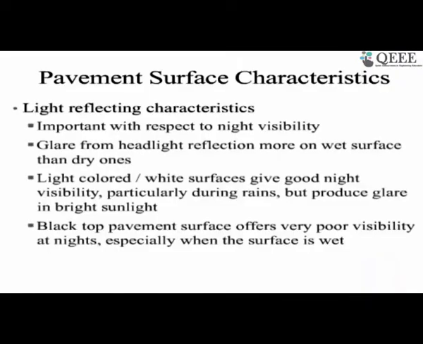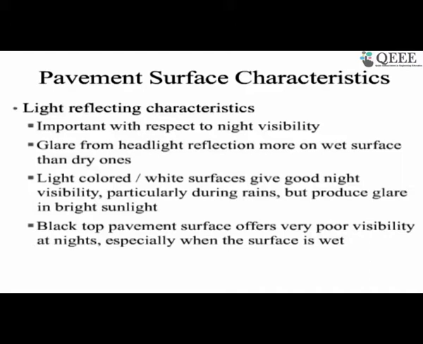And the other pavement surface characteristic which is quite interesting, and which we need to look into, is the light reflecting characteristic, because it is going to affect the visibility. Now if there is a glare from the headlight which reflects on the pavement surface when it is wet, then definitely it is going to affect the safety of the driver who sees this glare.